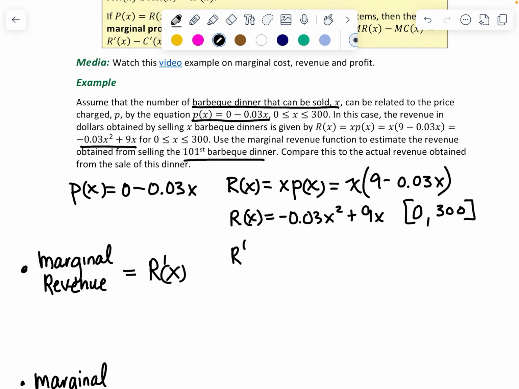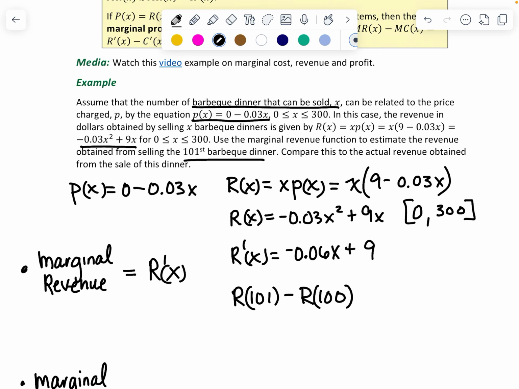So we're going to take R prime of X, and that's going to give us negative 0.06X plus 9. So there's our derivative. And then we want the change. We want to look at R of 101 minus R of 100. What is the difference in revenue there?